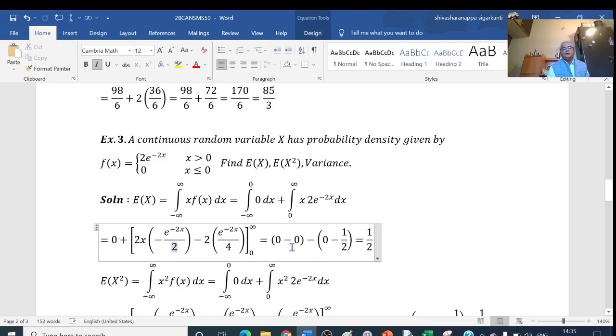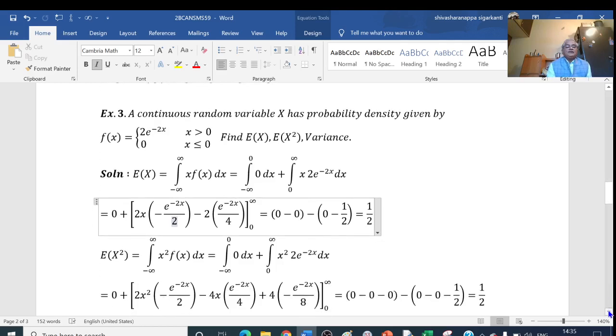The first term is 0, minus the second term. If I put x equal to 0, this becomes e^0, which is 1. 1 by 4, that is 2 by 4, which is 1 by 2. Minus 1 by 2. So the final value is minus, minus plus 1 by 2. This is our E(x).